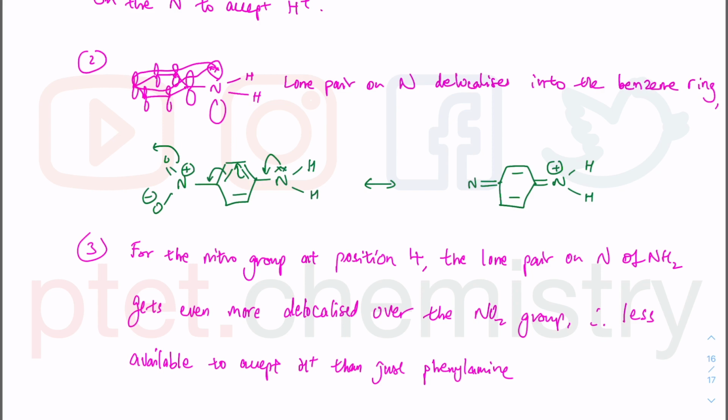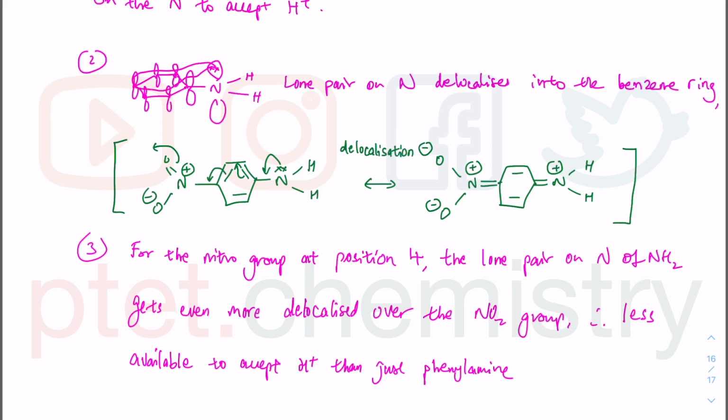Obviously we don't like to destroy our aromaticity, meaning to say we don't like to have the benzene ring not being a benzene ring. Overall, the plus 1 cancels the minus 1, the plus 2 cancels the minus 2 charge. This is what you call resonance stabilization. Resonance stabilization is basically delocalization.